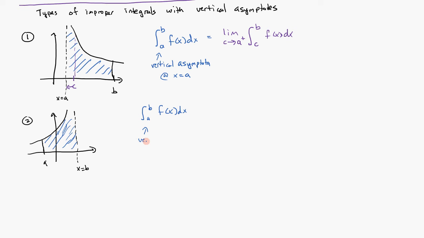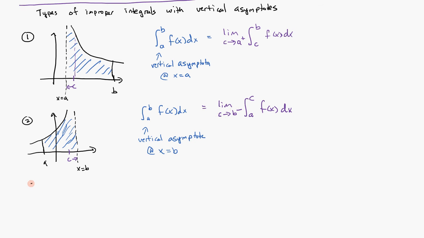In this case, the vertical asymptote is at x equals b, so at the top endpoint. So this time, again, mark off a point near b, and then let c approach b from the left. So we integrate from a to c first of f of x dx, and then we take the limit as c goes to b from the left.